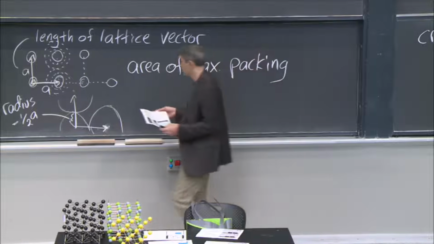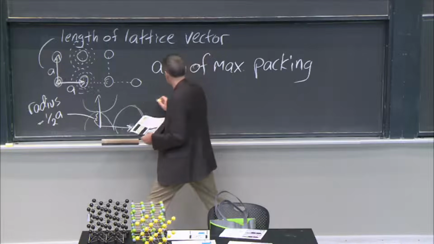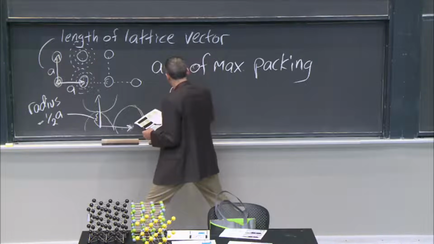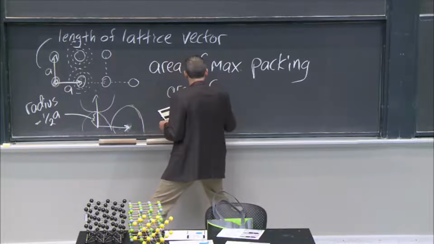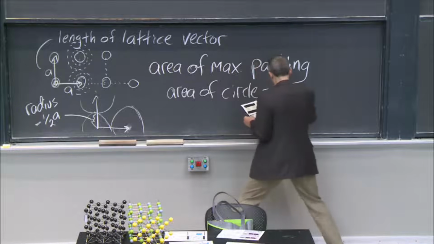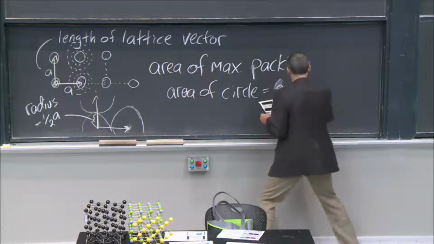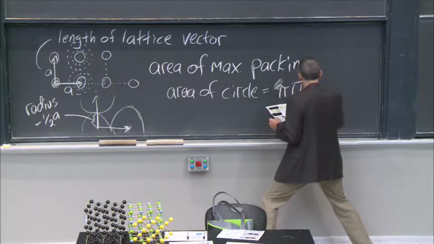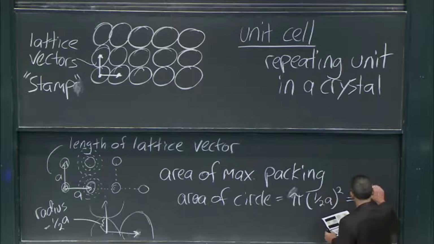So if I've maximized the packing of these circles on the square lattice, then the area of the circle is pi times r squared, so pi times (1/2 A) squared equals pi A squared over 4.